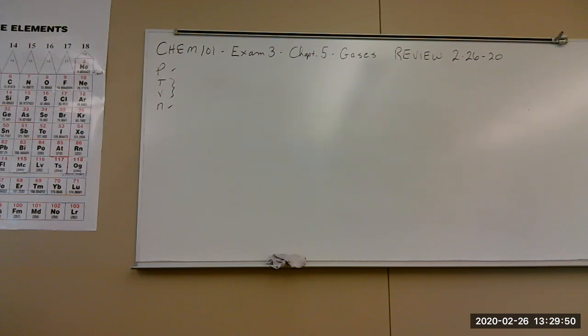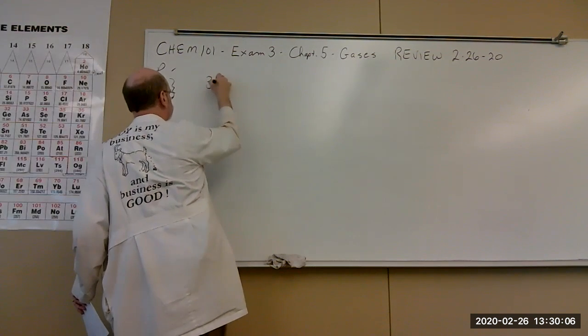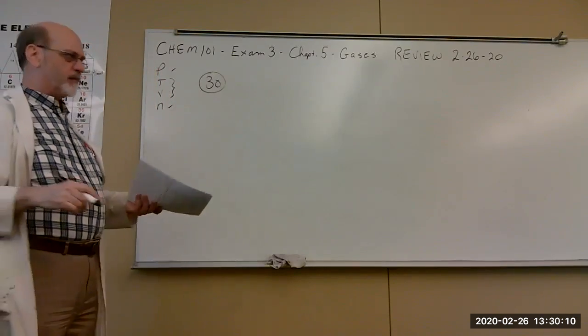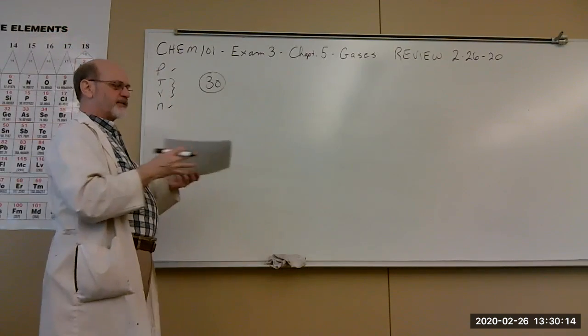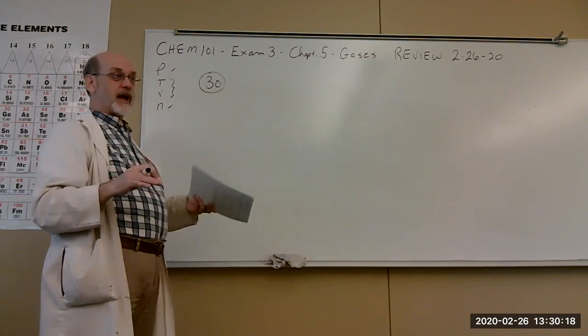I want to be sure we're covering everything. How about 30? If you remember, when I was talking about types of gas problems, you can subdivide them into two types.